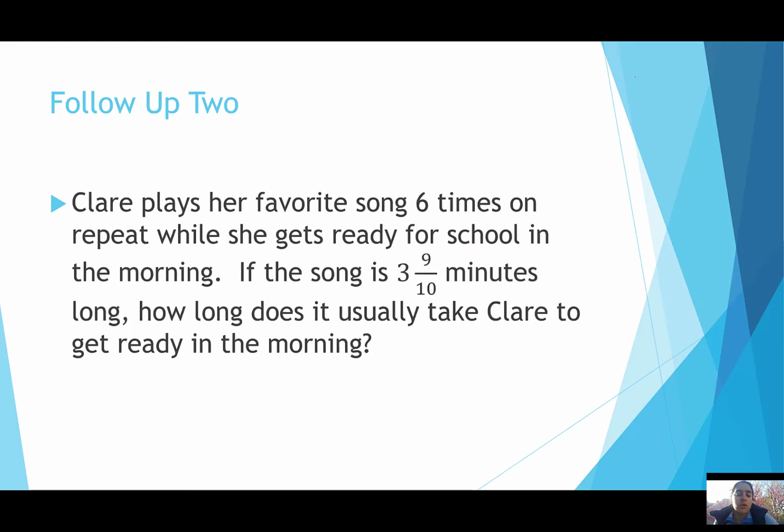Let's go over follow-up 2. Claire plays her favorite song 6 times on repeat while she gets ready for school in the morning. If the song is 3 9/10 minutes long, how long does it usually take Claire to get ready in the morning? So she listens to her favorite song 6 times, not 1 time.